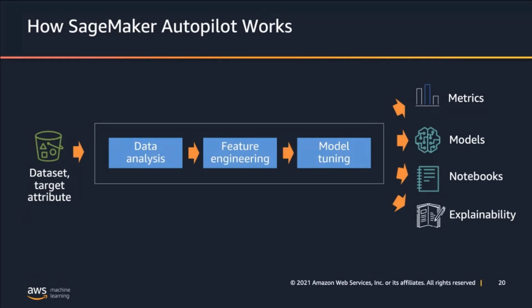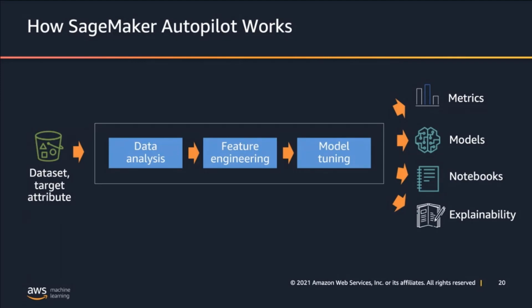Instead of requiring you to decide what feature engineering works best, which algorithm to use, or which hyperparameters optimize the model, Autopilot does all that automatically with just a single click. In the end, Autopilot will present you with a leaderboard of the combinations it considered and will show the best performing models at the top. Then you can quickly select the best or any other candidate you prefer and deploy it with a simple click.